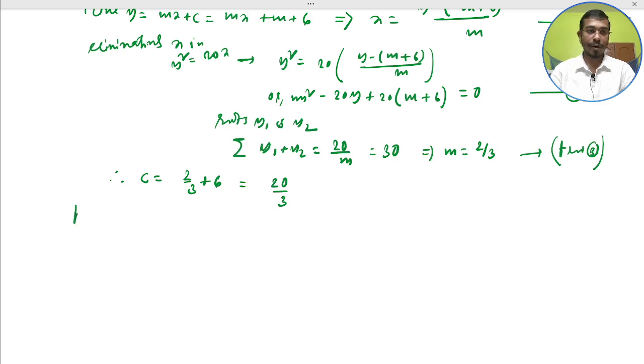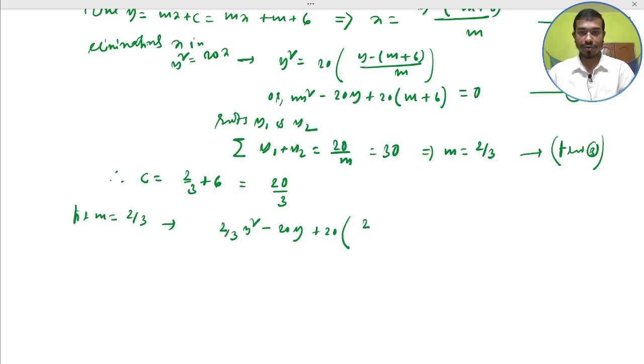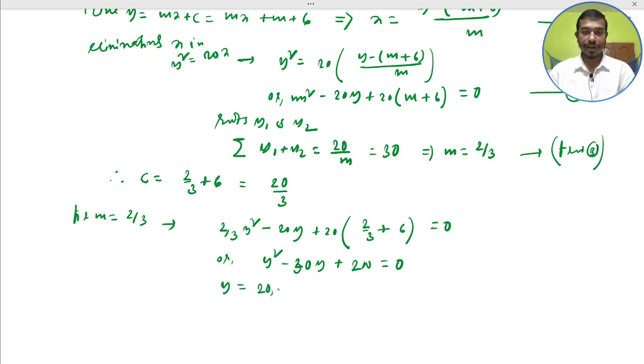So now calculate for m equal to 2 by 3: 2/3 y square minus 20y plus 20 into (2/3 plus 6), this is equal to 0. Or you would get this quadratic equation: y square minus 30y plus 200 equal to 0. You would get the value of y, one is 20 and another is 10.